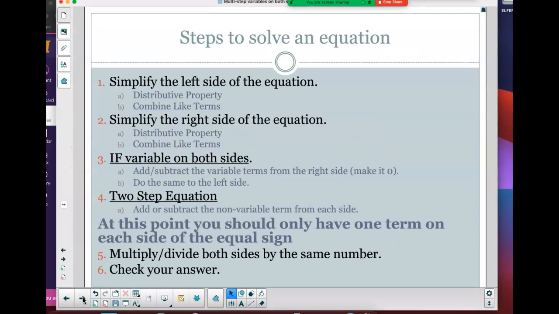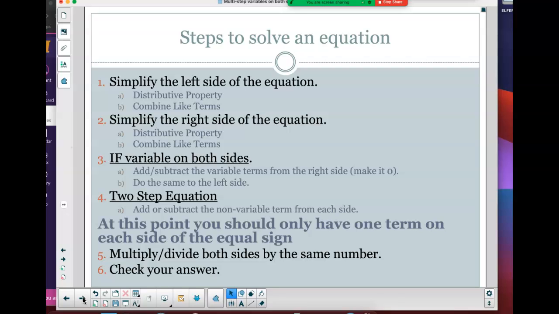Okay, what I did is I put together kind of a list of step by step because some of you need that concrete. Here's what I do next. Okay? So when you look at these problems, here's kind of the steps you're going to follow. Step 1, simplify the left side. Use the distributive property, combine like terms. Step 2, simplify the right side. Distribute, combine like terms. If there's variables on both sides, which we learned about yesterday, we have to take care of that.